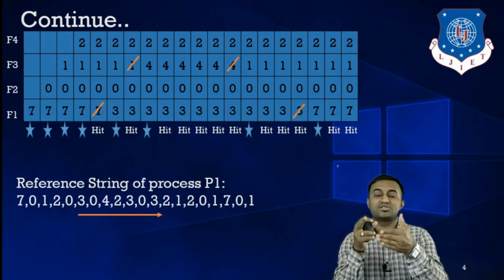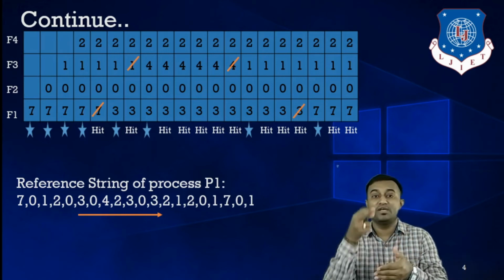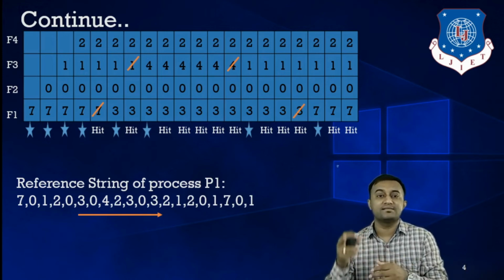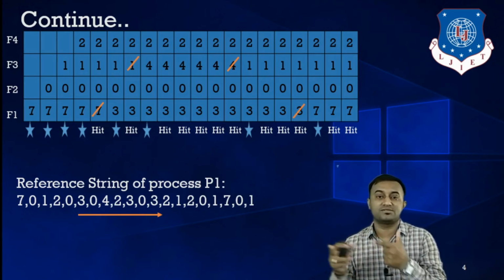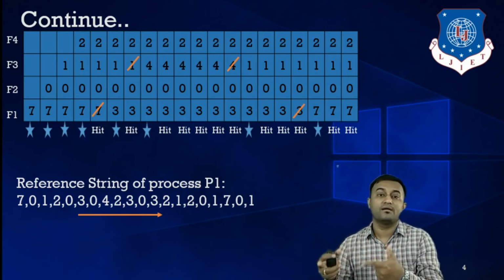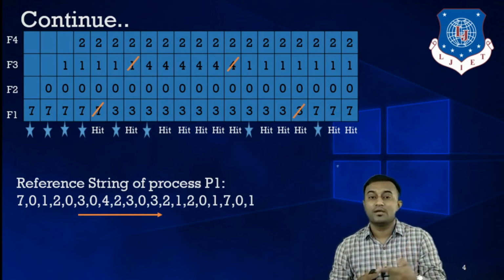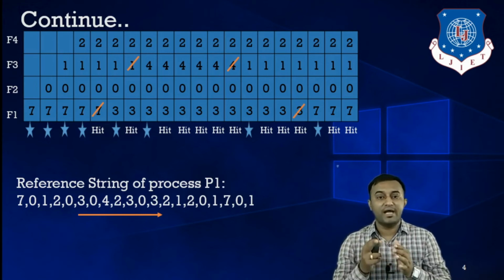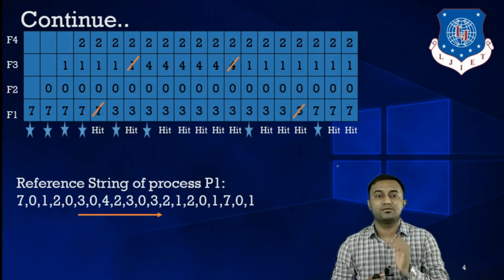It means it is located in the last position among the available page numbers in main memory. So this page number 7 needs to be replaced with 3 because 7 is located last in the futuristic approach, or in rightward direction. So that page number needs to be replaced. So 7 is replaced with 3.